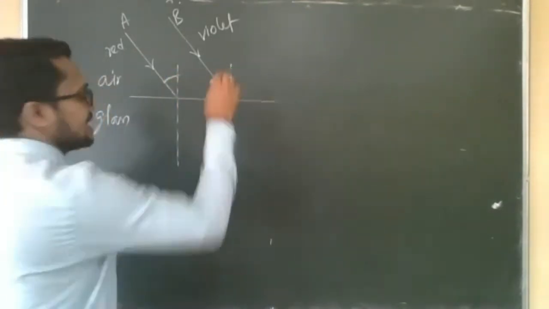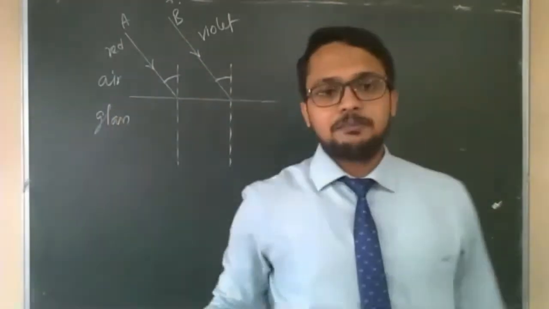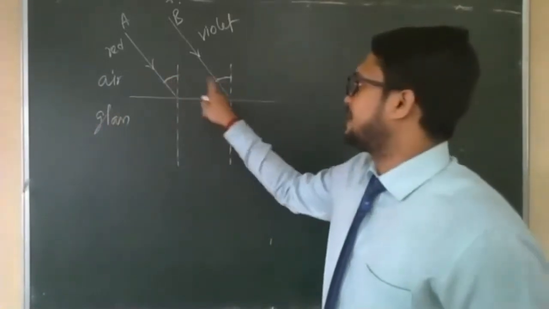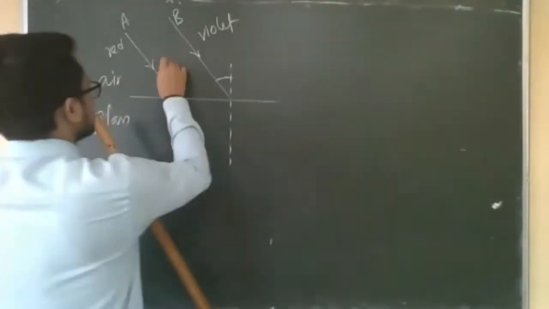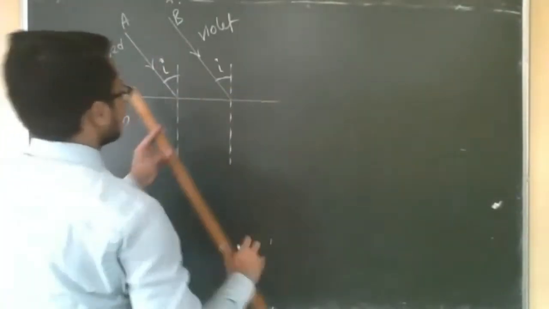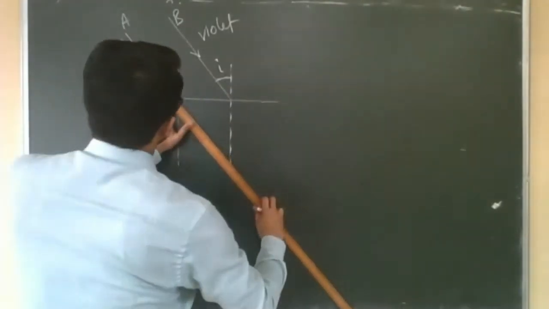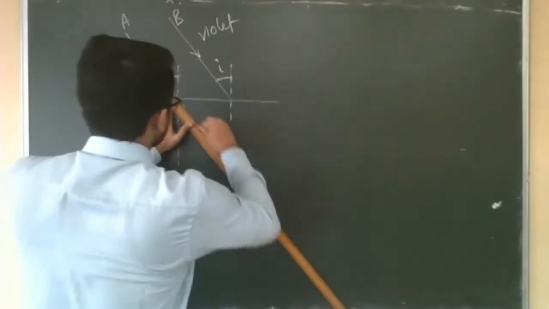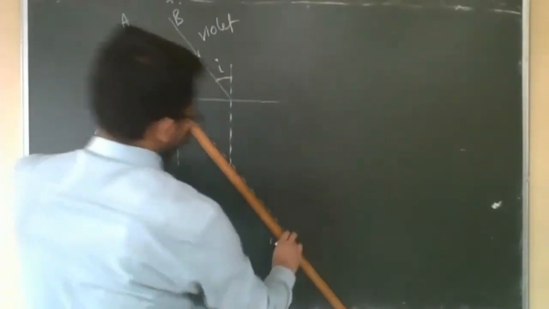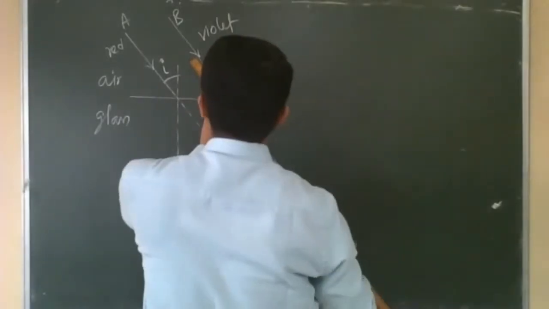So these two angles are the same. Parallel incident rays means the incident angles are the same. Suppose this is I, this is also I. This is the actual path of the incident ray.